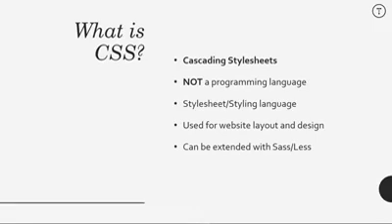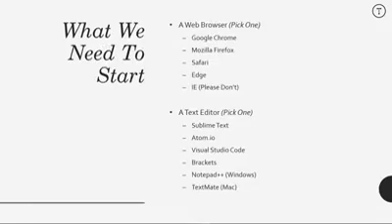Now, by default, CSS doesn't have any logic like a programming language does. It's strictly presentational. However, there are technologies such as Sass and Less that do allow you to extend the functionality of CSS and allows you to use things like variables and conditionals. But that's way beyond this course. I did want to let you know that is an actual thing. Alright, and I do have videos on Sass and Less on my channel if you're interested.